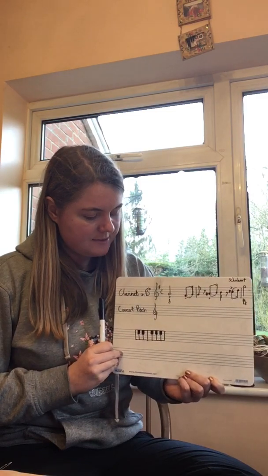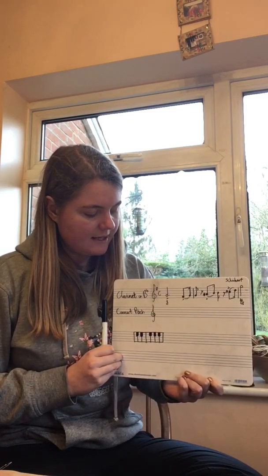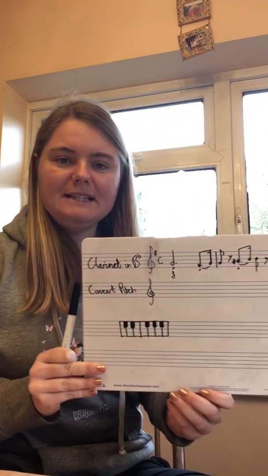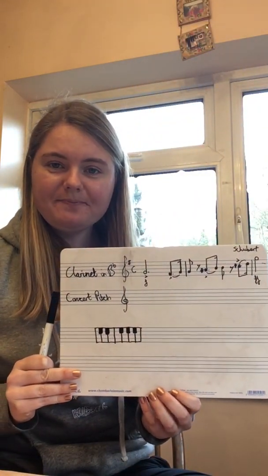So the first thing we need to do is to work out what our new key signature is going to be. So from clarinet in B flat to concert pitch, we are going to be transposing down by a major second, which means that we are transposing down by a tone or 2 semitones. So looking at the key signature here, we have 1 sharp, so that would be G major.